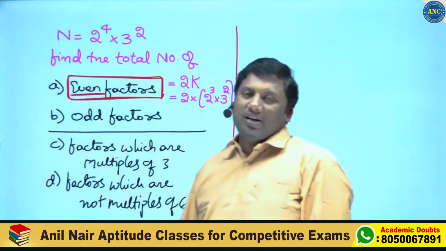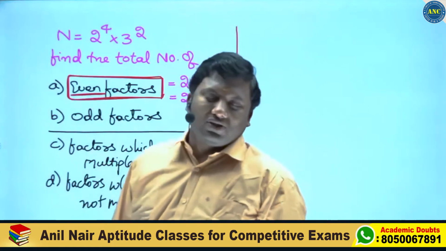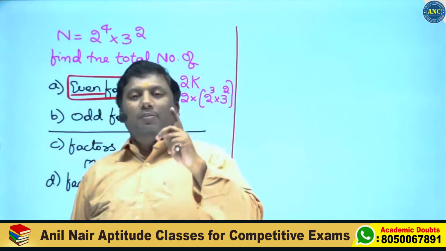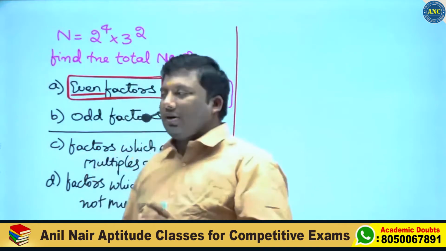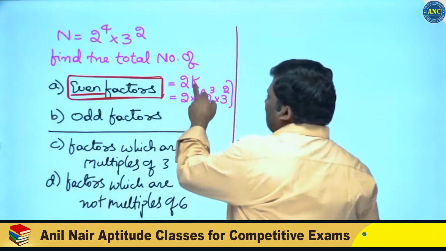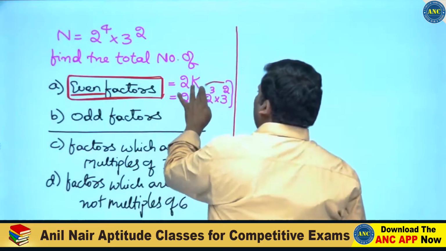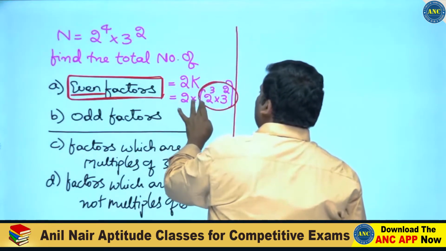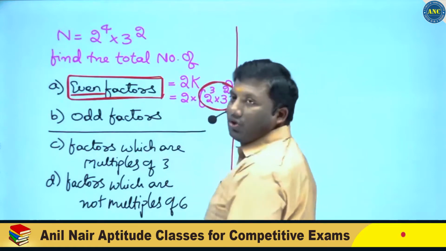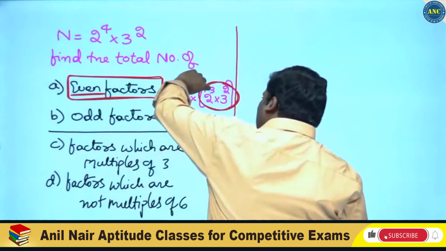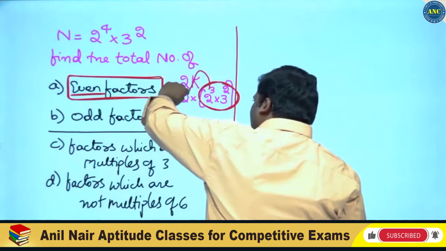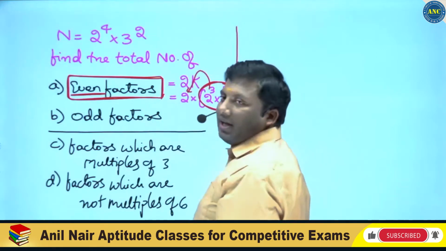Any even number is a number which is perfectly divisible by 2, so it is of the form 2k. So 2 into, remaining it is 2 cube into 3 square. These are the numbers which are getting multiplied by 2 and becoming an even factor.